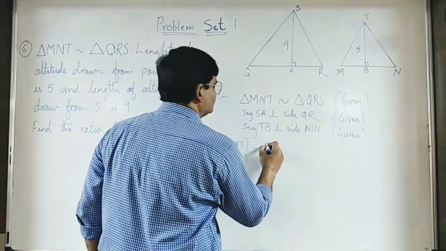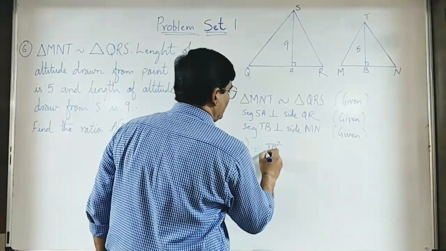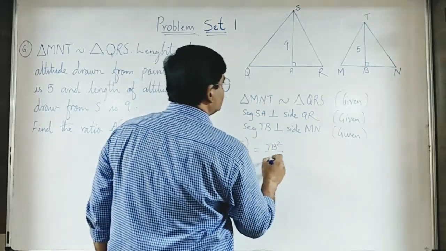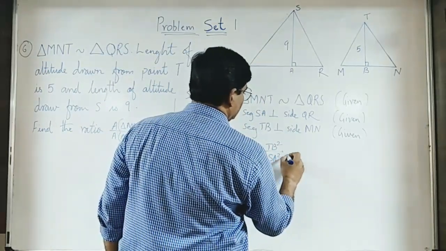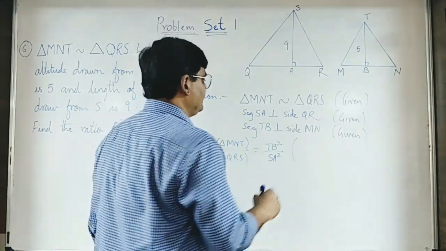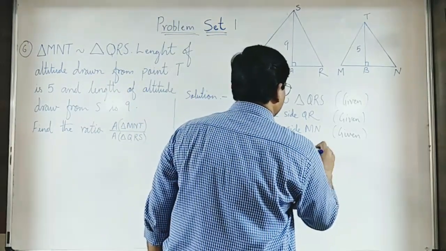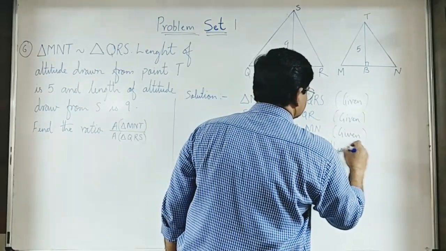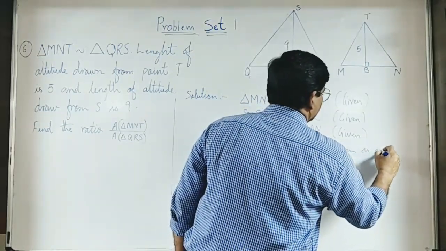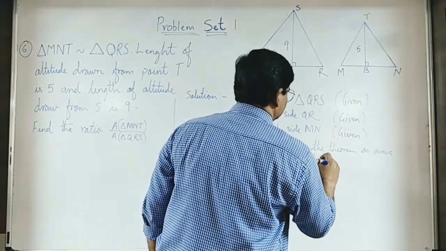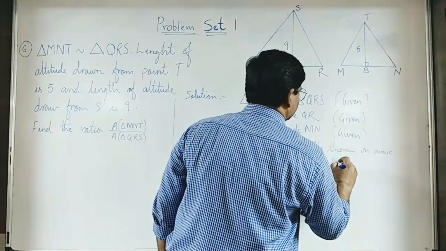The height of MNT is TB, so TB square upon, the height of QRS is SA, so SA square. Then you have to write over there: by the theorem on areas of two similar triangles.